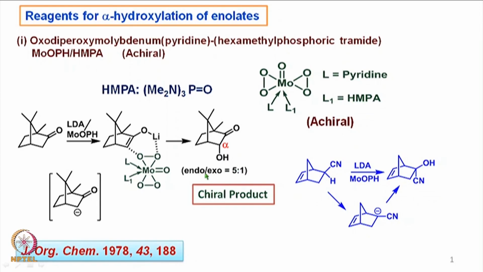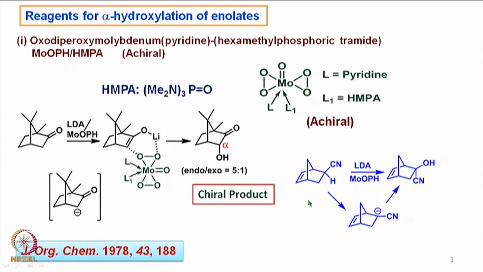As you can see here, the endo-exo ratio is 5:1. Now, although the reagent is achiral, since the starting molecule, camphor, is optically pure, the product that we get is a chiral product. So, this is one of the ways by which we can get a chiral alpha hydroxy ketone.